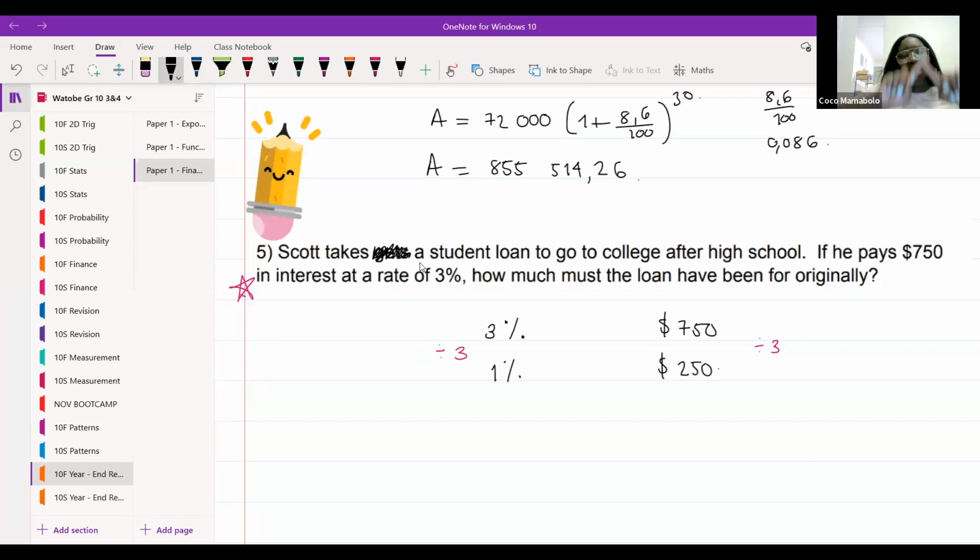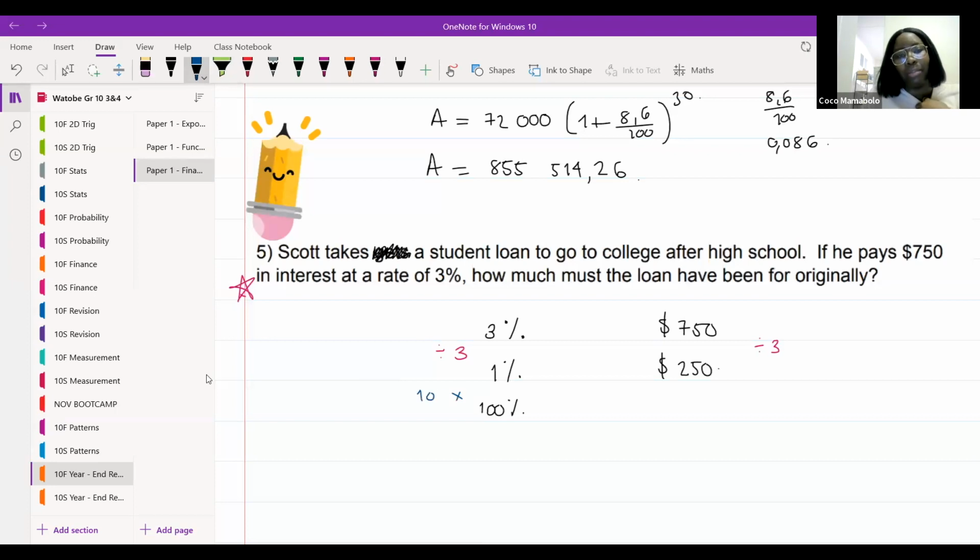But we want to know how much the loan was altogether. And the loan is not going to be 1%. The loan is going to be 100%. How do we go from 1% to 100%? Correct, Buche, that's it.